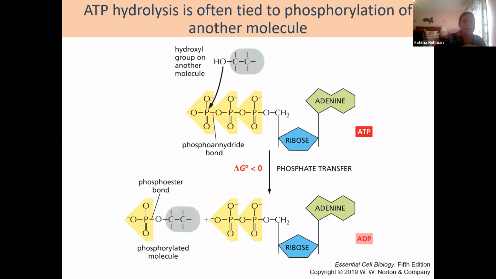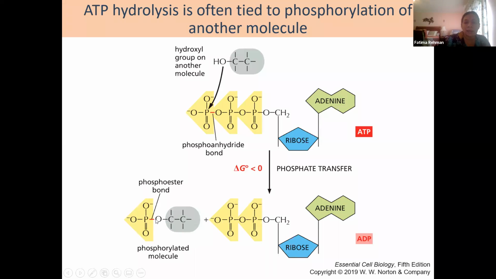And then that ATP, as it is broken down, is going to release a lot of energy that is then tied to phosphorylation of another product, because you take that phosphate group and you put it on something else, right? To move another reaction forward in that way, whether it is a signaling pathway to activate a protein, or a metabolic reaction to help create a new molecule that can then be broken down for more energy or for use in a different system.